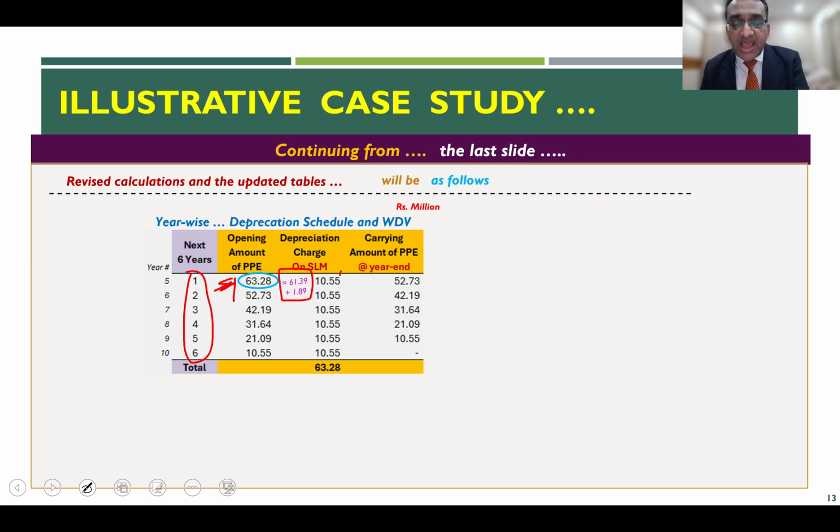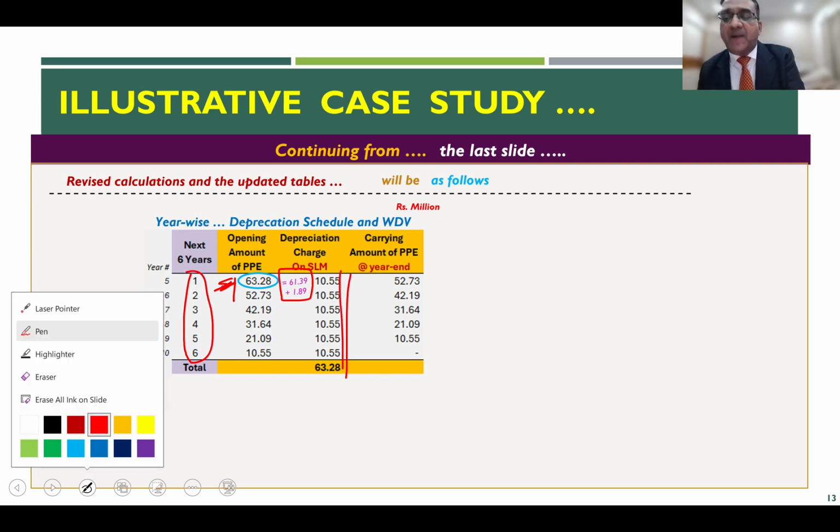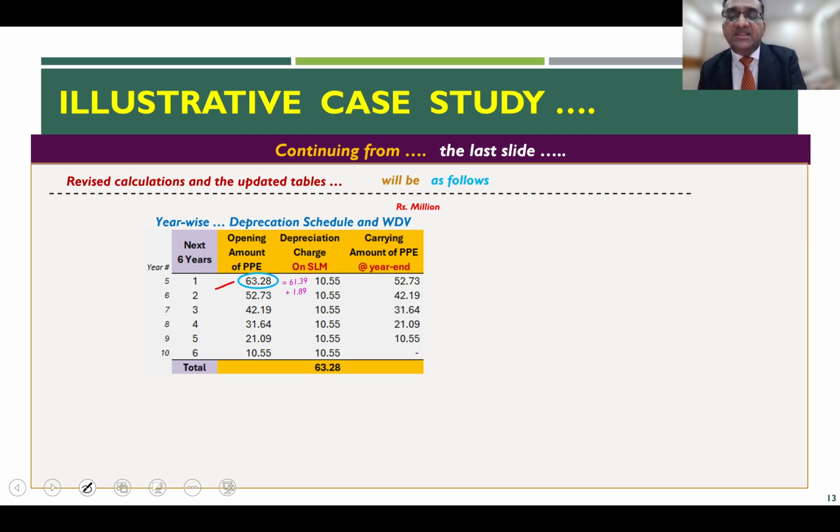And therefore your annual depreciation will also go up because now 63.28 divided by 6 would be your annual depreciation charge. So you will have an increased depreciation charge of 10.55 versus 10.23 in the original schedule in the previous slides. And therefore, if you record depreciation of 10.55 every year for the next 6 years, the asset balance will become 0.